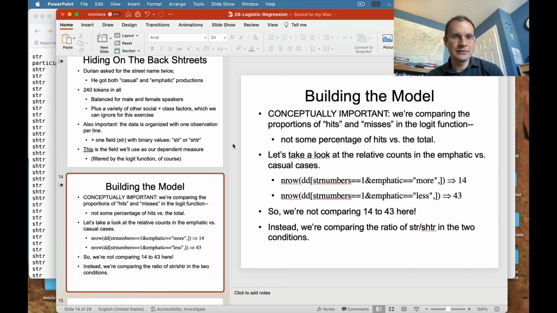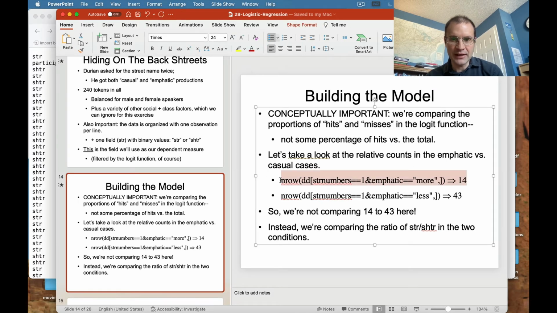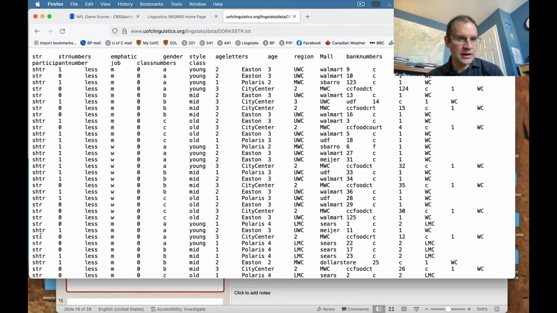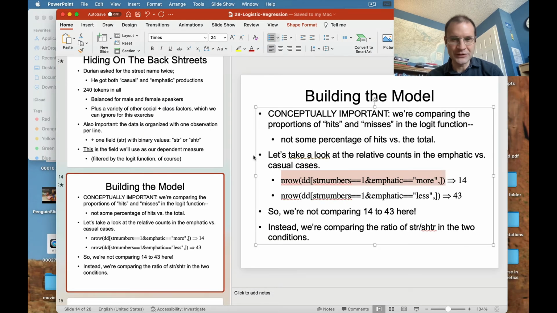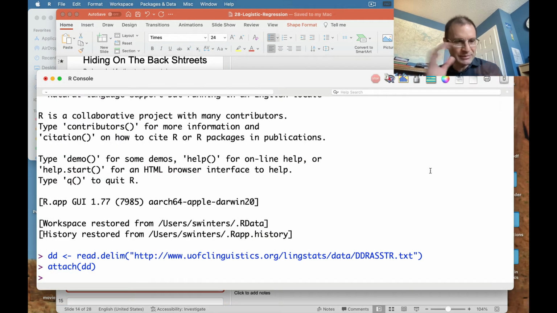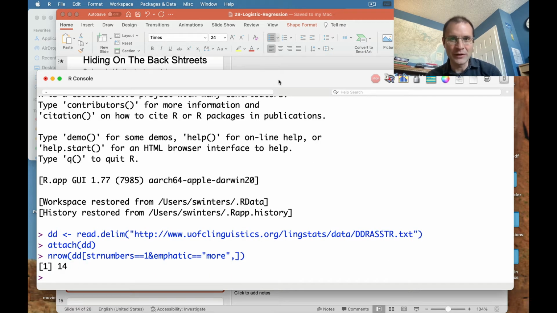So we can look at this more closely. I'll show you how you get the data that we need, because at the end of the day, we're going to be able to crank out one command and it'll spit out a bunch of numbers at us. And I want to show you at least a bit of where these numbers come from. So we'll look at this emphasis factor first.